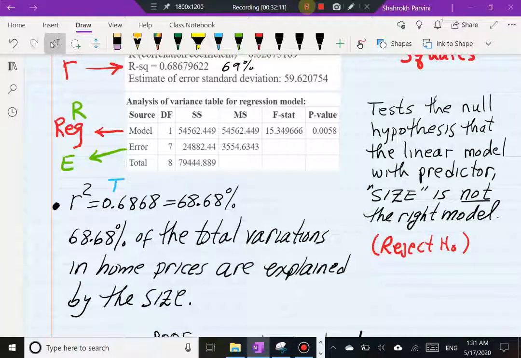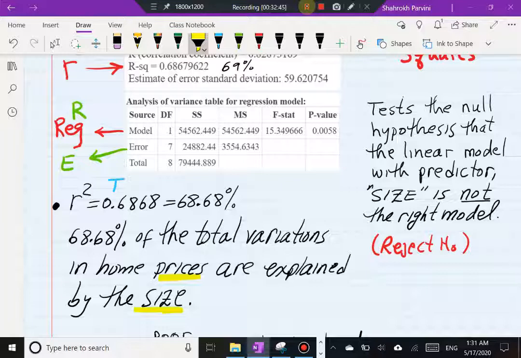Almost 69% of the total variation in home prices is explained by, or due to, the size of the house. About 70%. The other 30% is unexplained variation. So why are those home prices so different? 70% of the reason is the sizes. The other 30% could be other amenities.